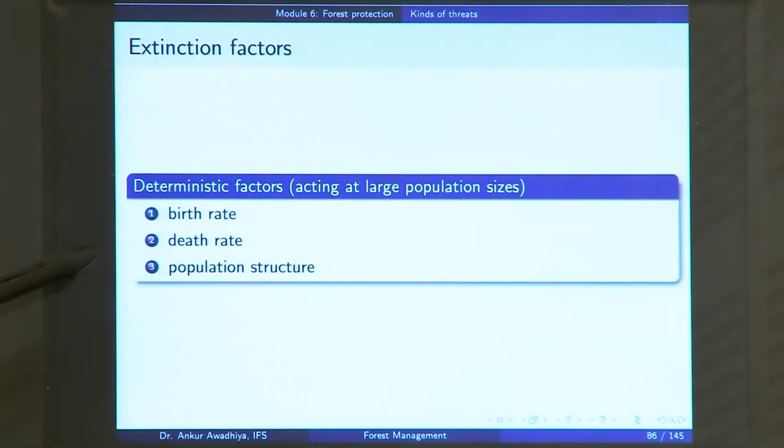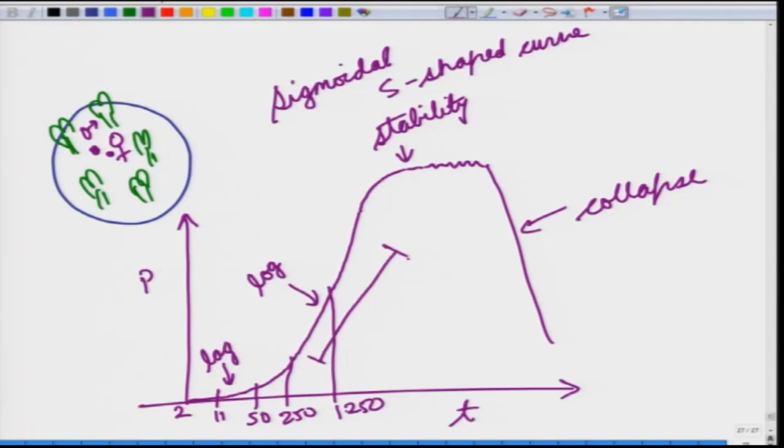And this is why the population structure is a deterministic factor, and you need to maintain your forest in the log phase, where most of the trees are mature trees that are able to cope, that are able to compete and that are able to resist the adverse influences.